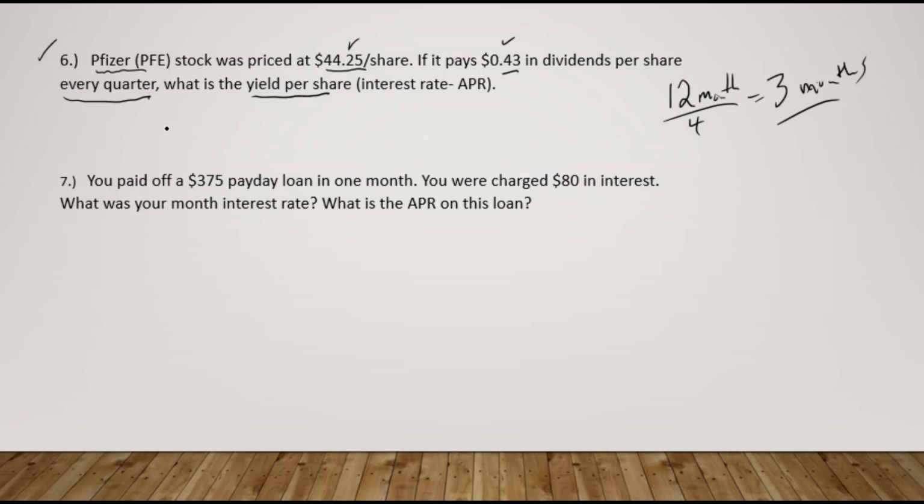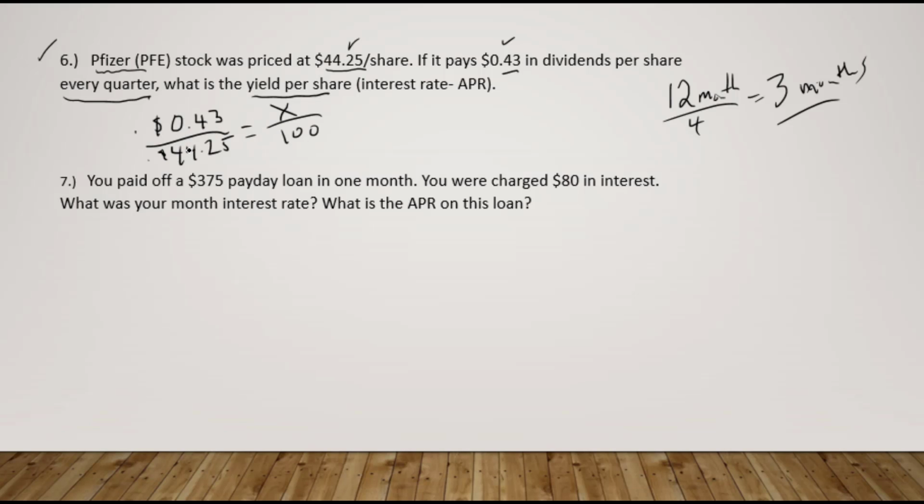So the yield is 43 interest. A dividend is just basically interest on a stock. 43 cents for every $44.25. Dividend over cost, right? And I'm going to put that as some number over 100 to get the interest rate.